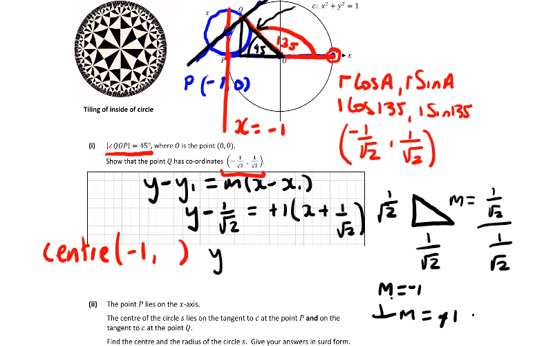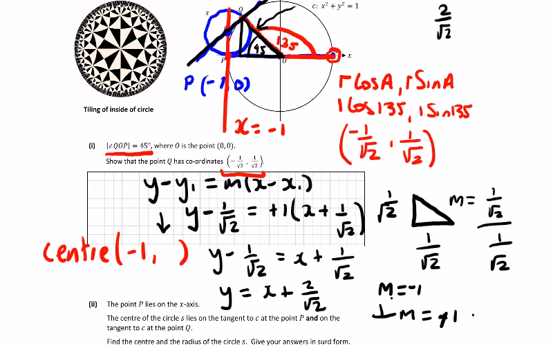So if we multiply this out, we get y minus 1 over root 2 equals x plus 1 over root 2. So we're looking for the y coordinate. y is going to be equal to x plus 1 over root 2 plus 1 over root 2, which is 2 over root 2. The calculator gets rid of the root on the bottom by multiplying by root 2 over root 2, which is 2 root 2 over 2, which is just going to be equal to root 2.